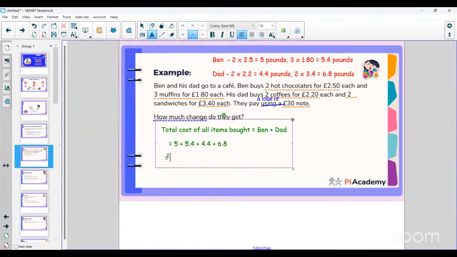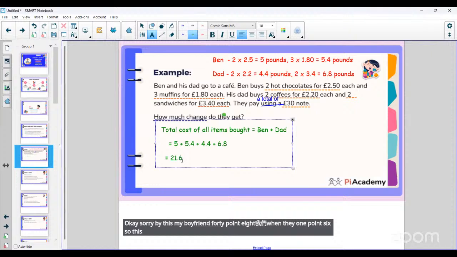So let's try to calculate: 5 plus 5.4 is 10.4. 10.4 plus 4.4 is 14.8. And 14.8 plus 6 is 20.8. And 20.8 plus 0.8 is 21.6. So this will be 21.6 pounds.